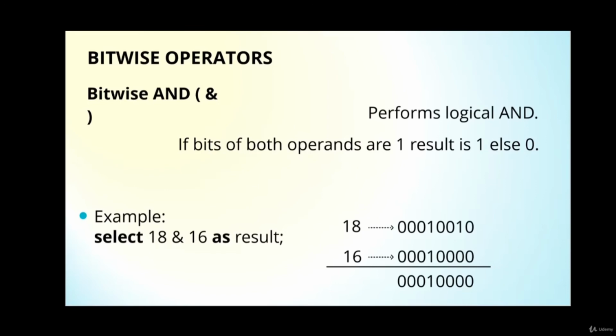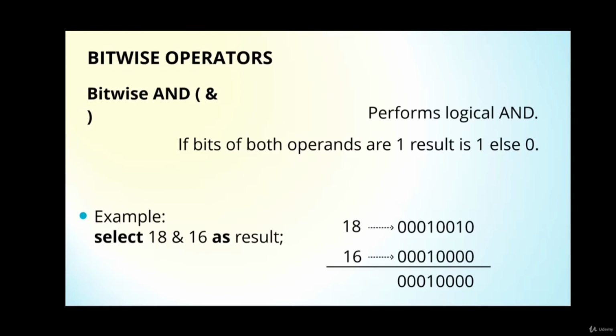Now if you see the fourth bit of both the numbers, the fourth bit is 1 for both the numbers. So in that case, according to the AND table, if both the operands are 1, then the result will be 1. As you can see, the fourth bit of the output is 1 because both the operands are 1. In the rest of the cases, either one operand is 1 or no bit is 1.